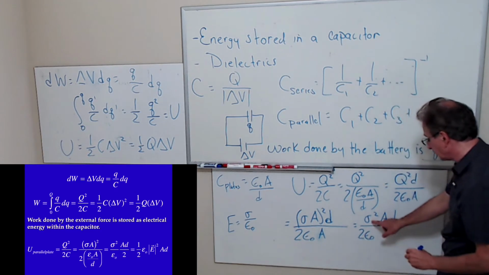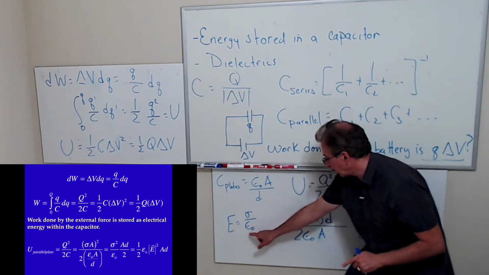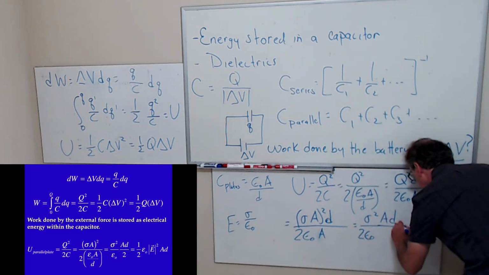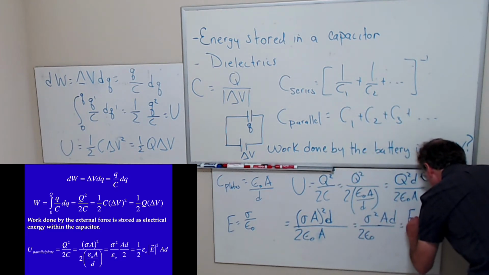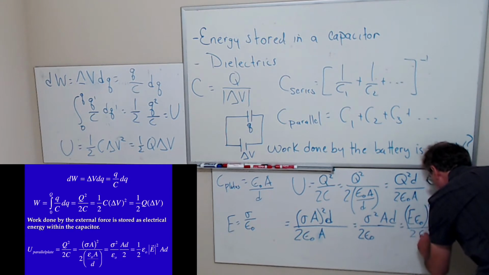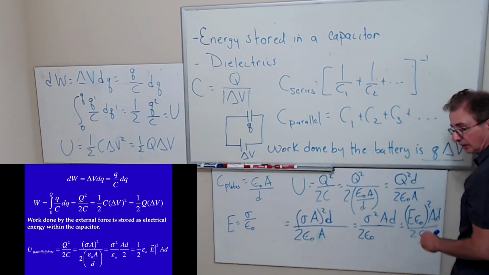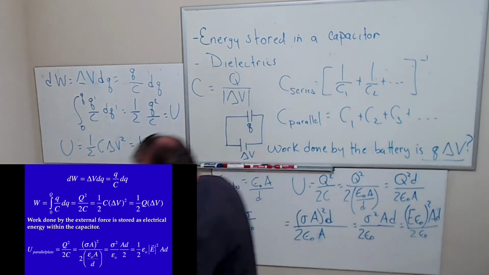So let me replace the sigma with E times epsilon naught, and let me go to the far board because I'm running out of space.